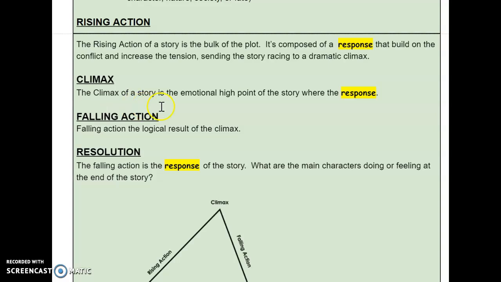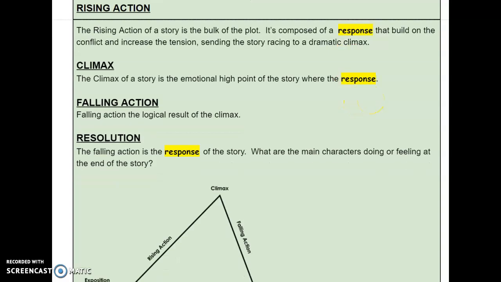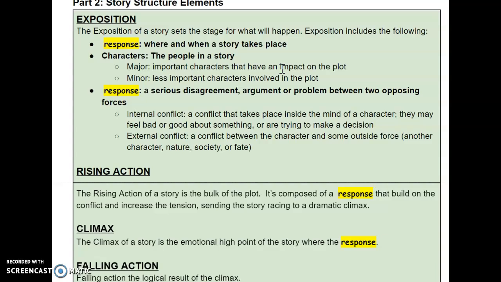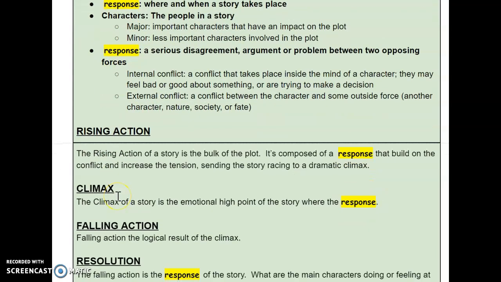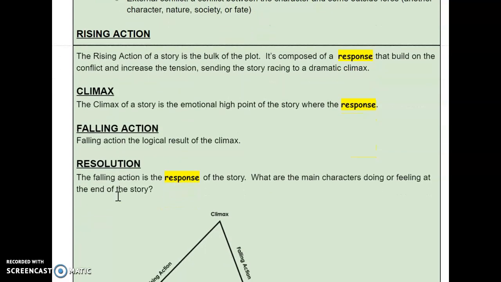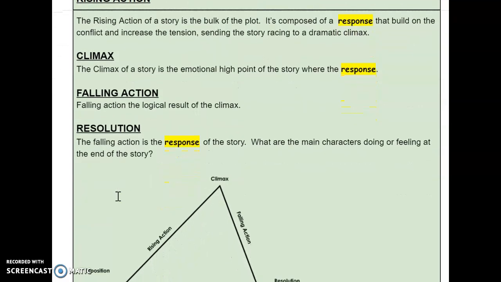The climax of a story is the emotional high point of the story where the conflict gets resolved. So whatever the conflict or issue was that was established in the exposition, you are going through a series of events that happen before you find out how that is resolved.